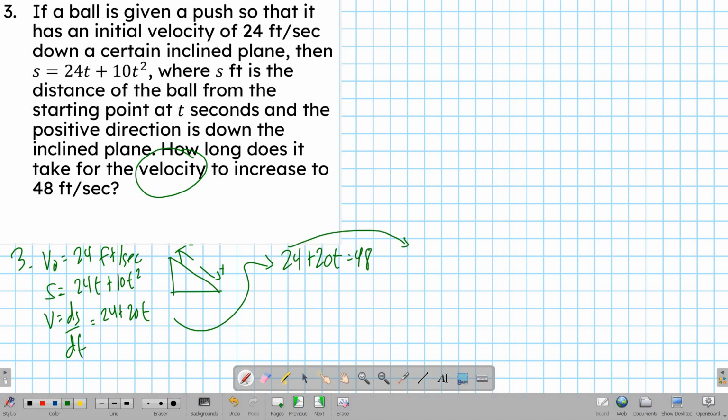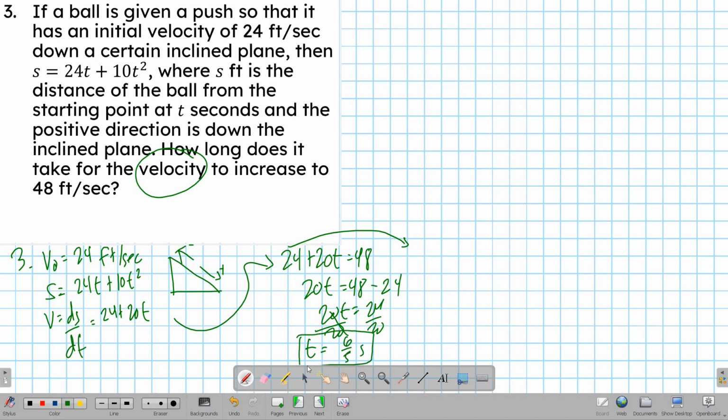So transpose, we're going to get 20t is equal to 48 minus 24. Then 20t is equal to 24. Divide both sides by 20. So t is equal to 6/5 second.